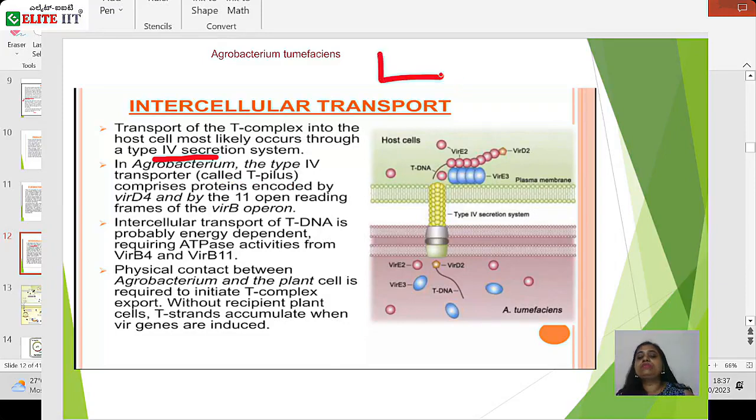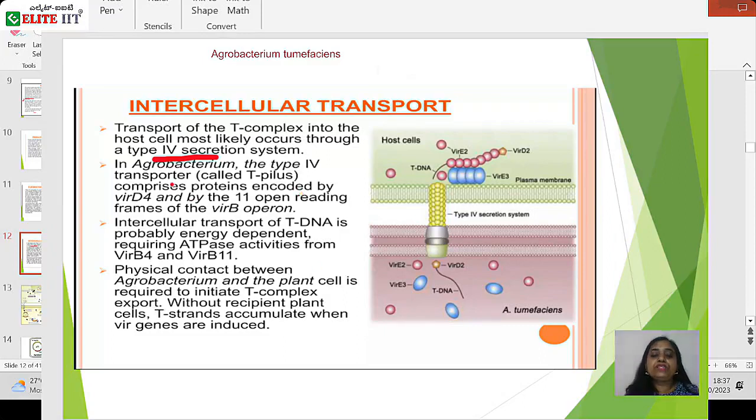You know pilus, with bacteria joining, plasmid can be transferred through the pilus, like conjugation. Yes, it is like that. Conjugation is happening between bacteria and plant cell. So this is a transporter, a type 4 secretion system.